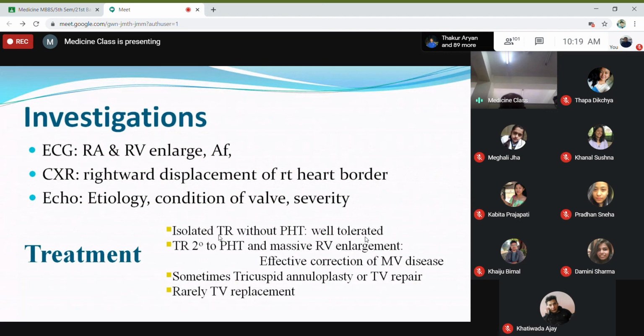But most of the time, it's only the treatment of the primary disease which has led to tricuspid regurgitation. But if it is the organic one, then you can go for tricuspid annuloplasty, repair, or replacement as well. But these are very rare incidences.